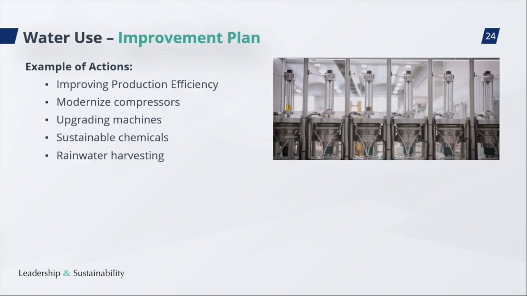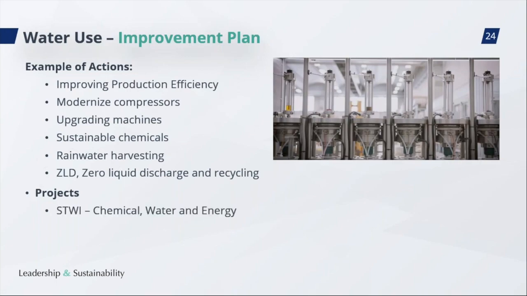You could also try using rainwater, or zero liquid discharge, for example, where you can recycle some or all of the wastewater into the plant again, and therefore reduce the use of fresh water. And there are also a lot of different projects related to water management, and some of them we have listed here.